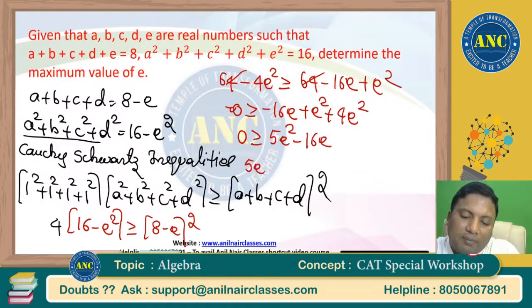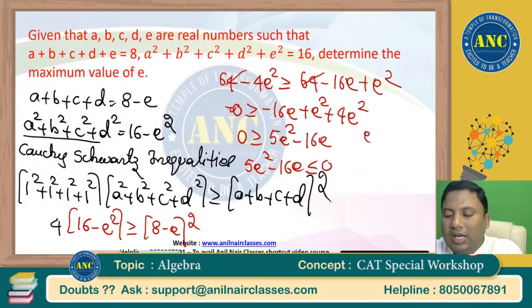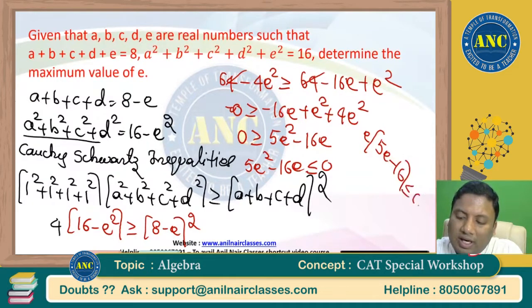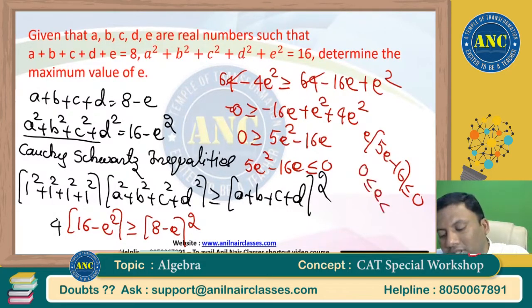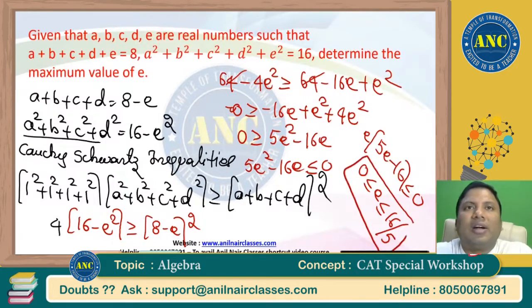So 5e square minus 16e is less than or equivalent to 0. If I take e common, e into (5e minus 16) is less than or equivalent to 0. Less than or equivalent to 0 means it always lies between the critical points. So 0 is less than or equivalent to e, which is less than or equivalent to 16 by 5.